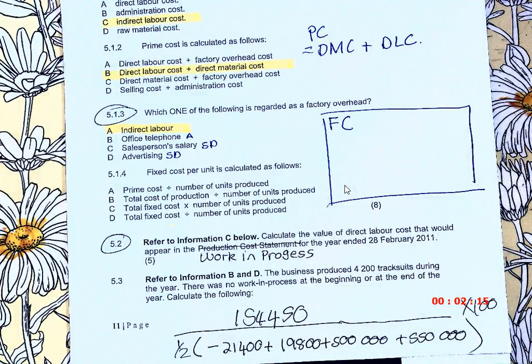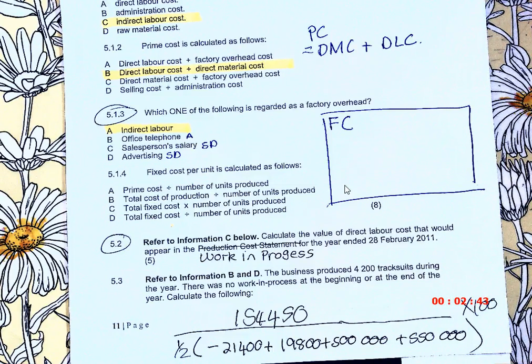In other words, I'm going to pay that cost no matter how many units I make. For instance, if I switch on the light in the class, am I going to use more electricity if I'm alone in the class or if all of you are here? No, the light is on. So that electricity is not determined by my units.